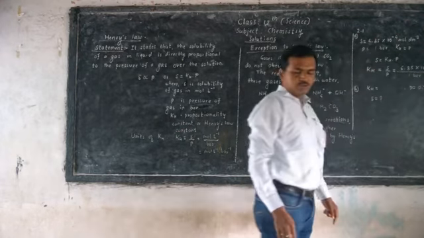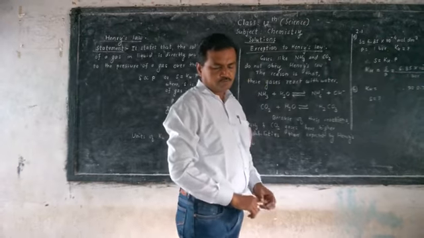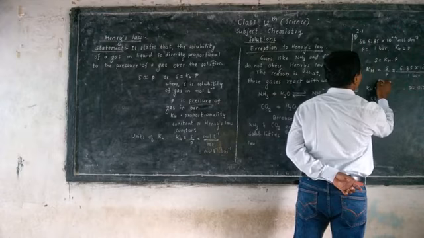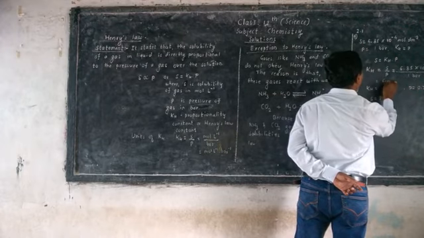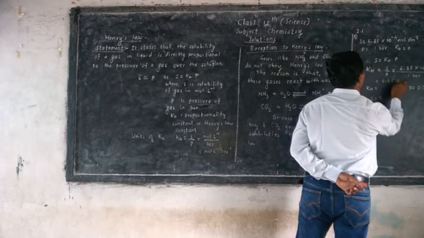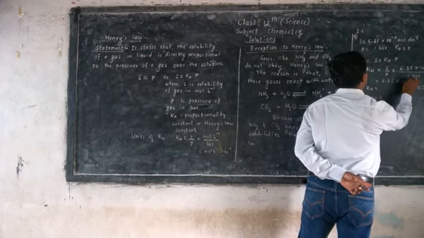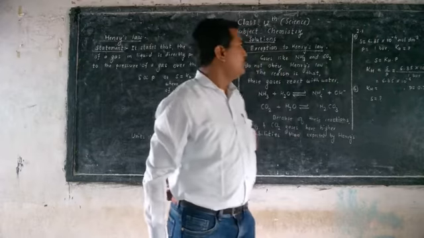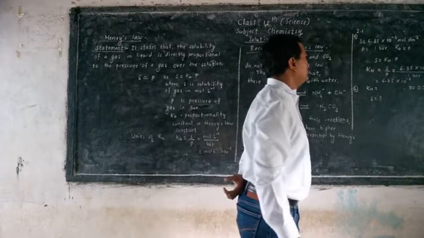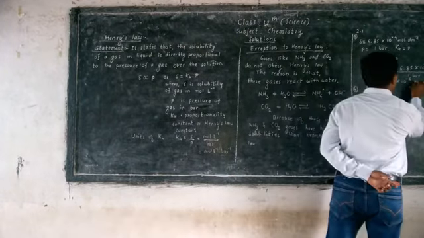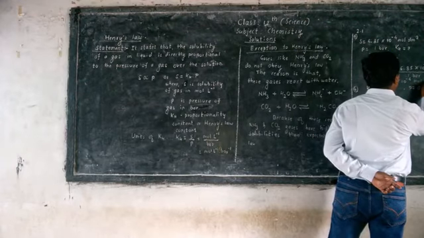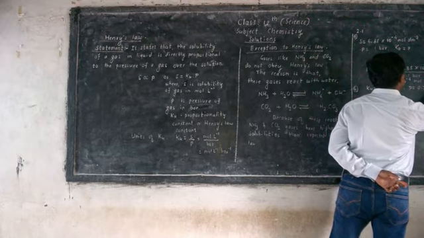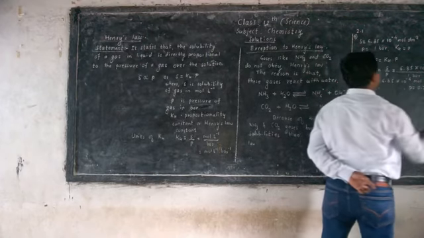So Henry's law constant will be 6.85 into 10 raised to power minus 4, upon 1 is as it is. So the unit will be mole per decimeter cube or liter per bar, meaning bar inverse.